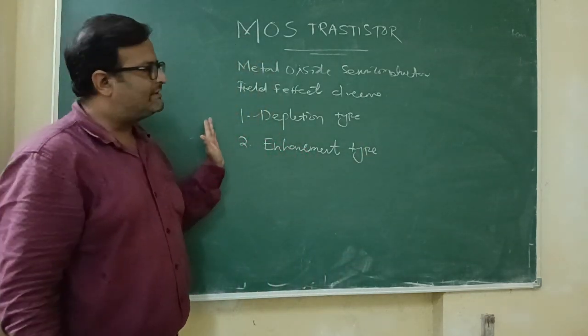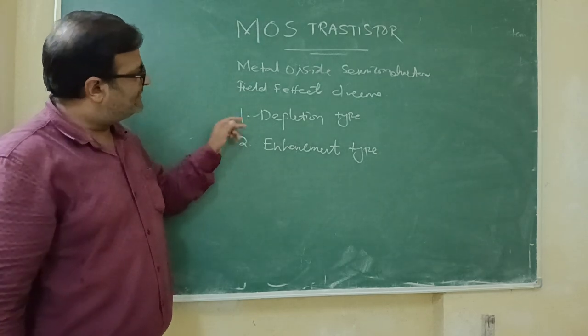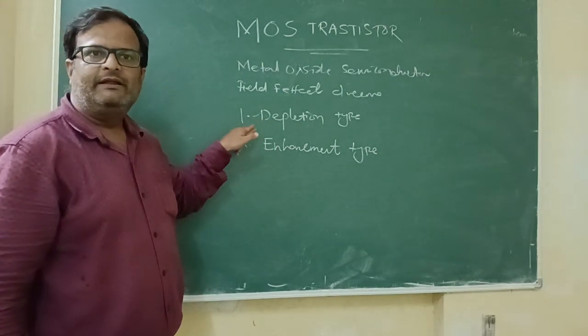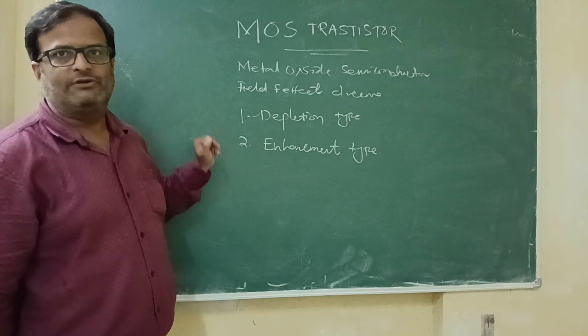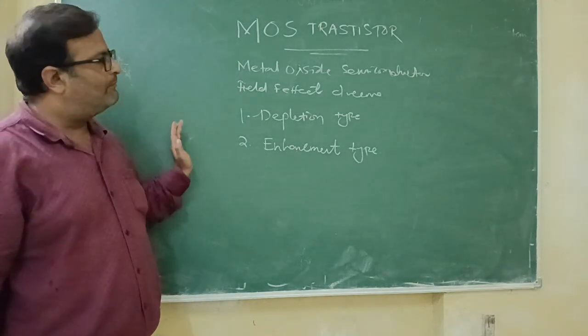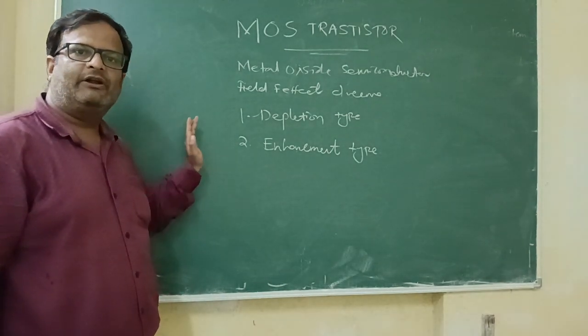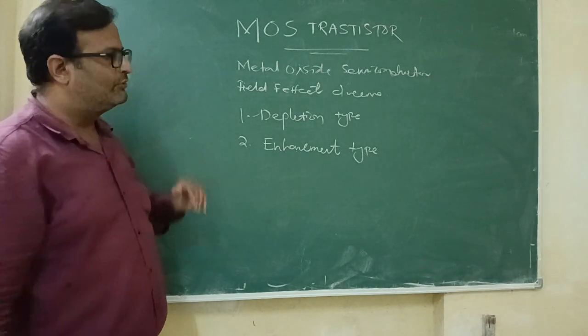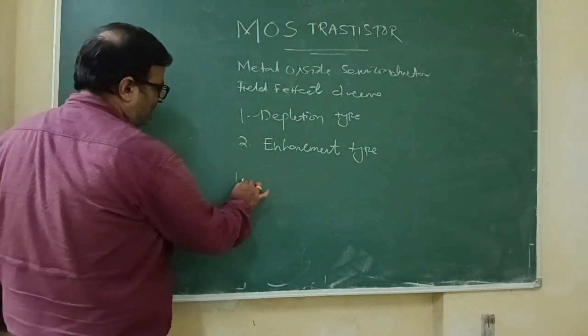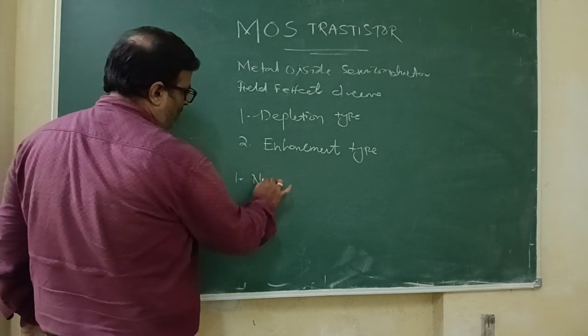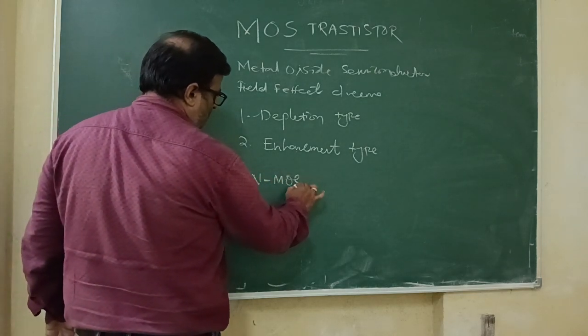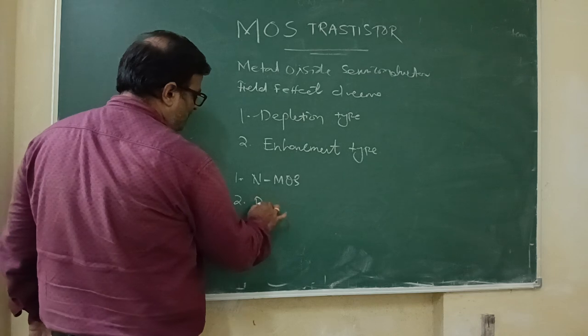Now this classification is according to the type of depletion that is formed inside the MOS. But the MOS transistor is again classified into another two types. The first one is the NMOS and the second one is the PMOS.